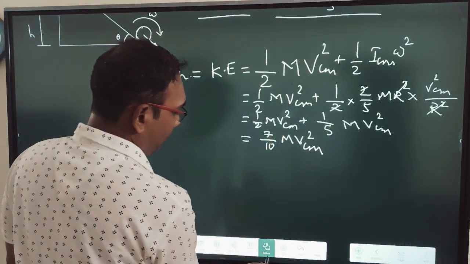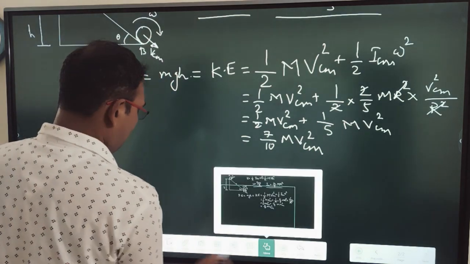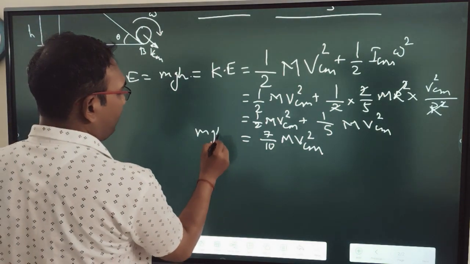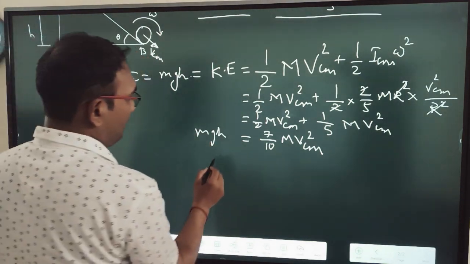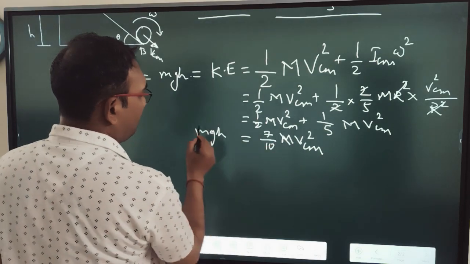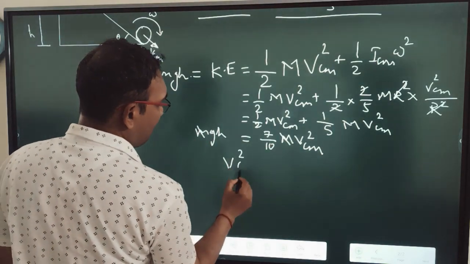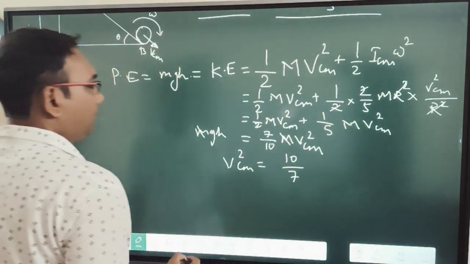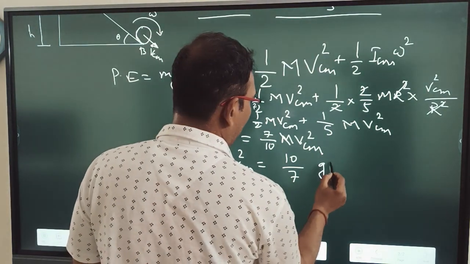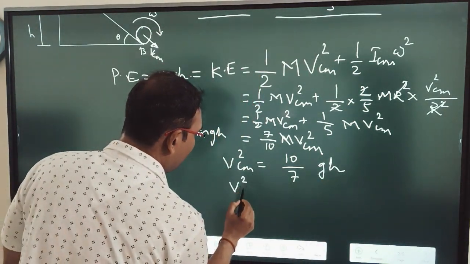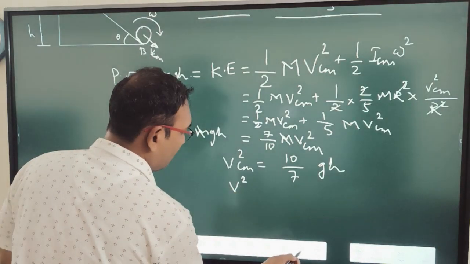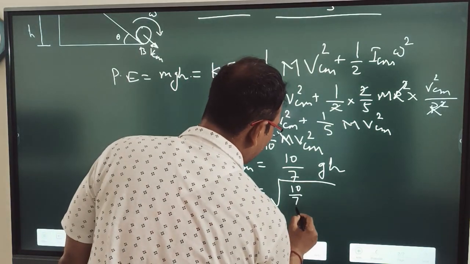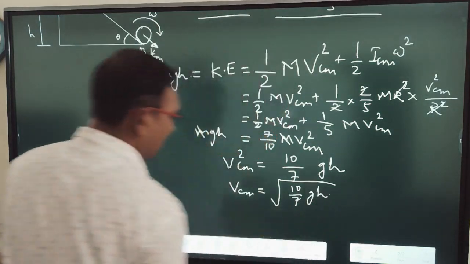So if somebody is asking to find the velocity when it reaches point B, this is the equation we observe. M cancels out, meaning v square CM is equal to 10 by 7 gh, meaning VCM is equal to root under 10 by 7 gh.